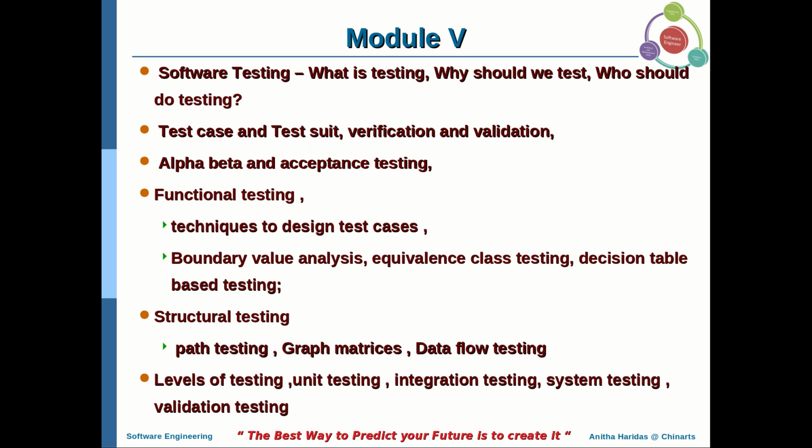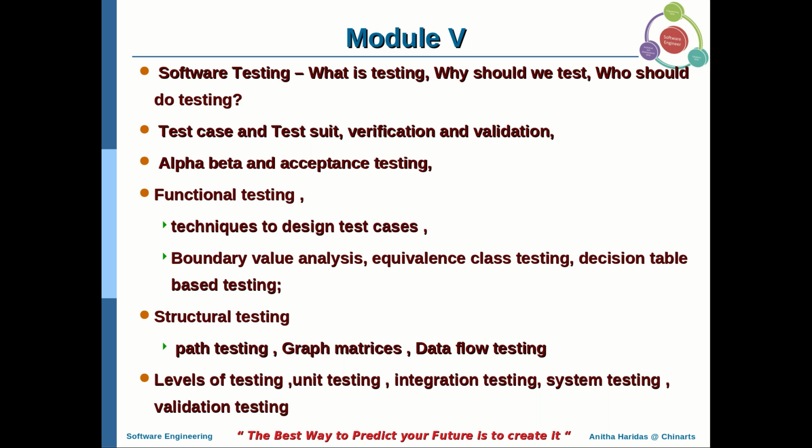One is the function oriented design, the other one is object oriented design. We discussed the different steps used in the function oriented design, and also the different notations used for it.